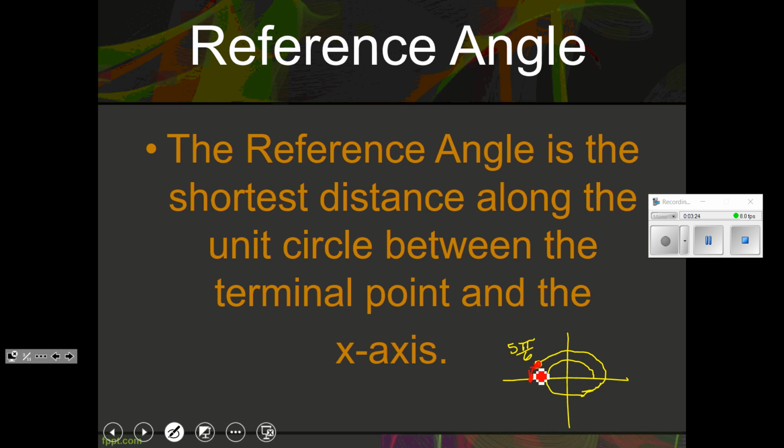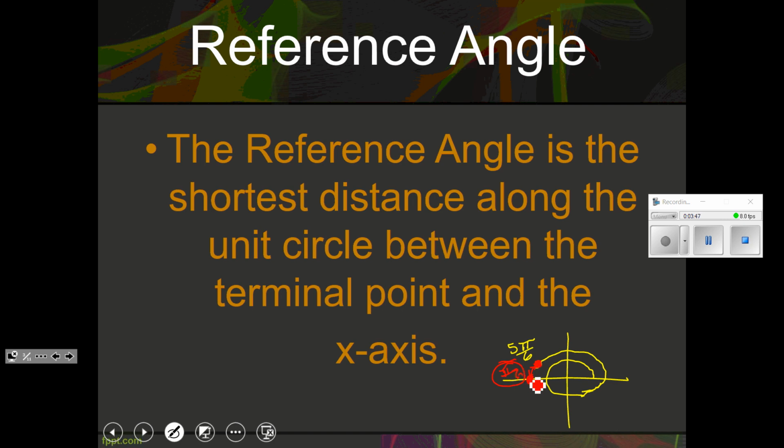Another 6 pi's over 6. Well, I only stopped at 5 pi over 6. So how much is left to get to the x-axis? Another pi over 6. Does that make sense? So in this case, pi over 6 would be the reference angle. It's the shortest distance between your stopping point and your x-axis.